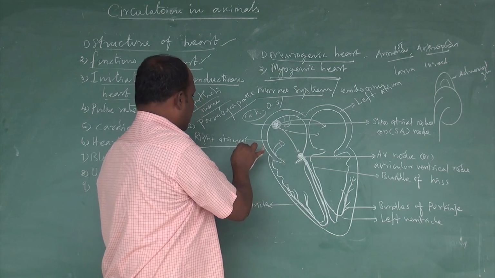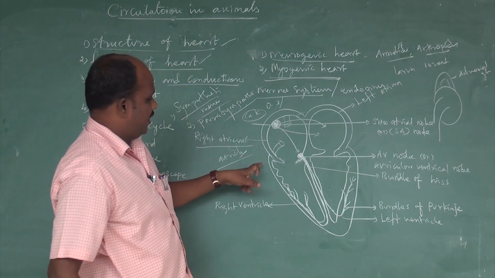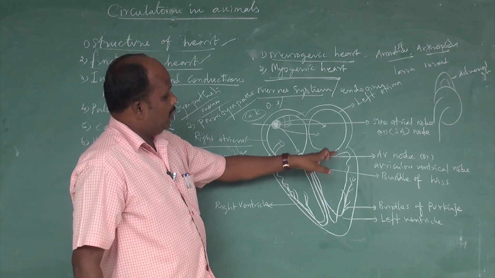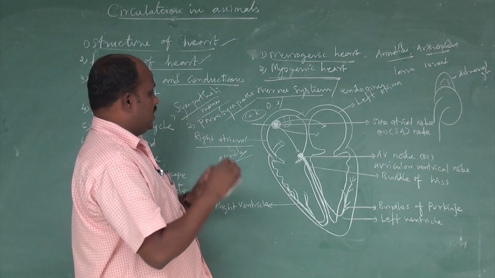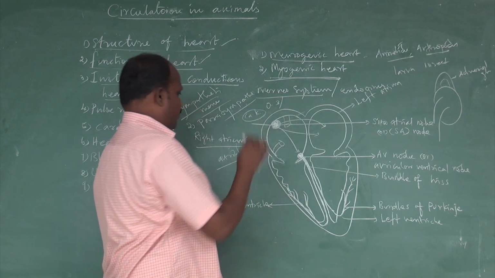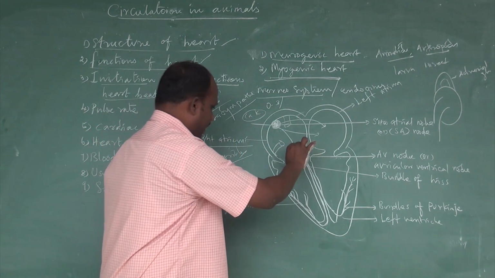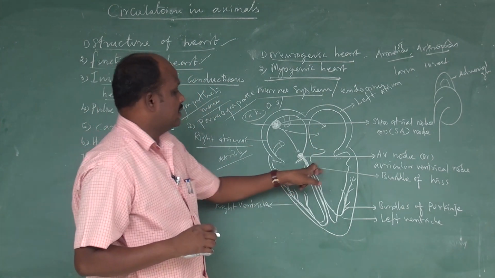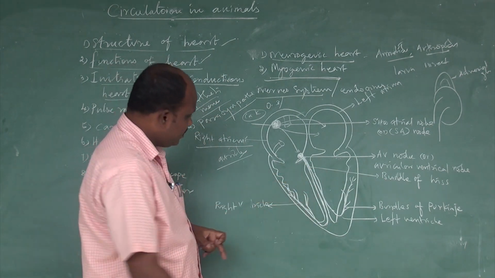I told you the atrium is otherwise called the auricle. So this other bundle is the AV node, the atrioventricular node. That node receives the electrical impulse from the SA node, the sinoatrial node, and passes it to another specialized bundle called the bundle of His. The bundle of His and the other fibers are made up of cardiac muscle.